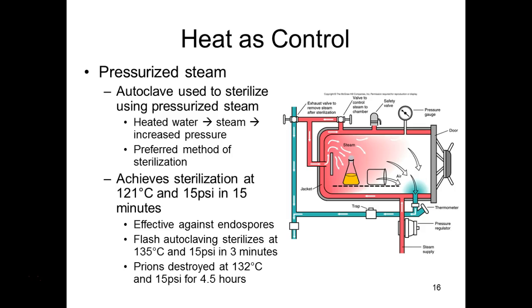So, pressurized steam in an autoclave, right? This is what most places use to sterilize equipment, what we use in the microbiology lab. Again, it's going to depend on what level of organism. Are we killing organisms? Are we doing our media that should mostly not have any contamination? And the benefit of steam under pressure is we can get much higher temperatures.